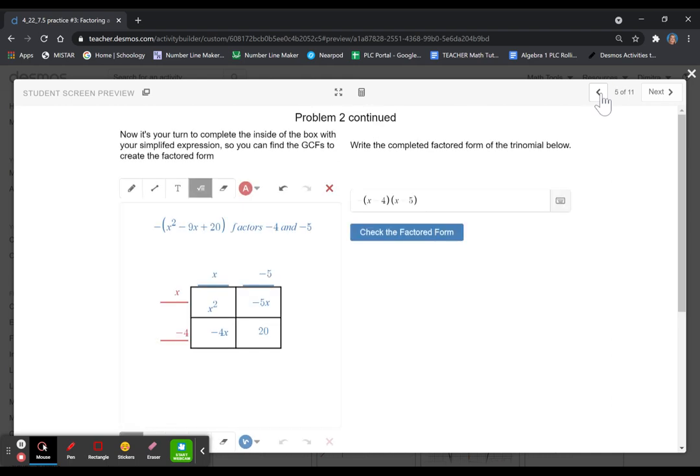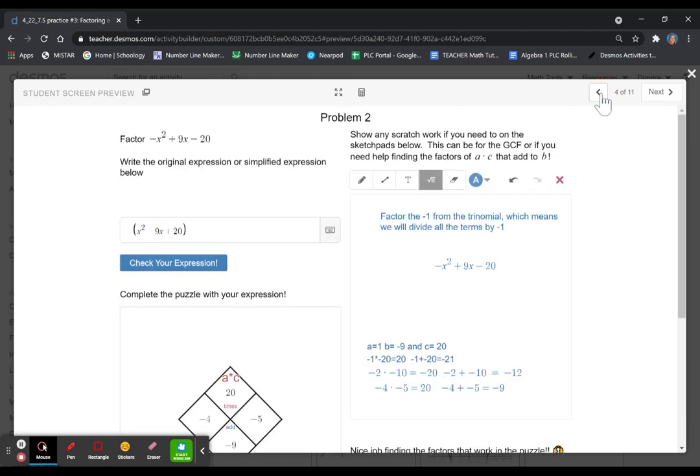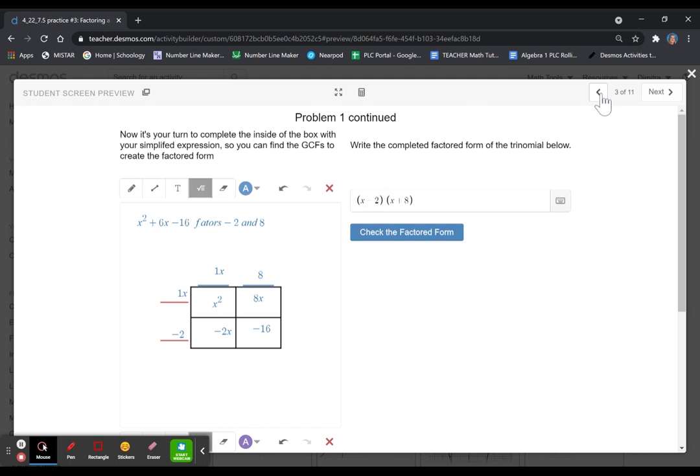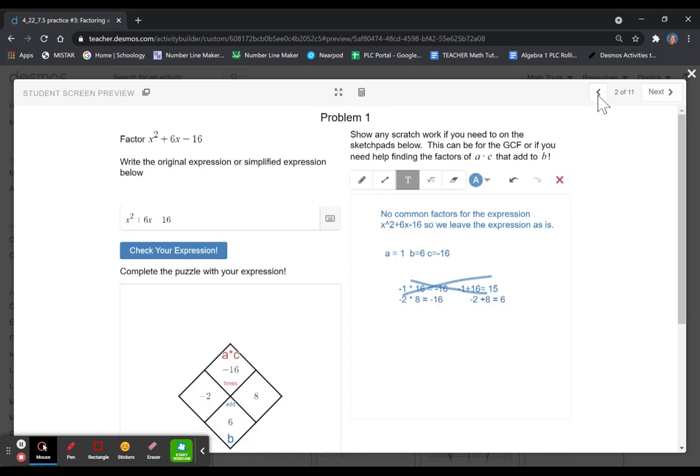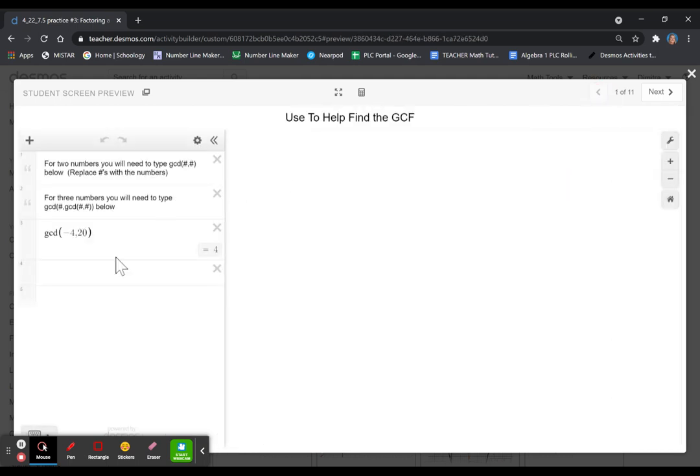So let's go back to slide 2. Okay, no, slide 1, I'm sorry. Okay, and we're going to find the GCD of 6, 10, and 2. That's what we said, right?